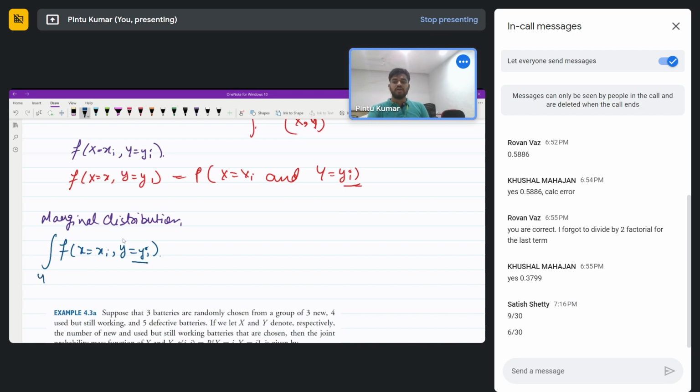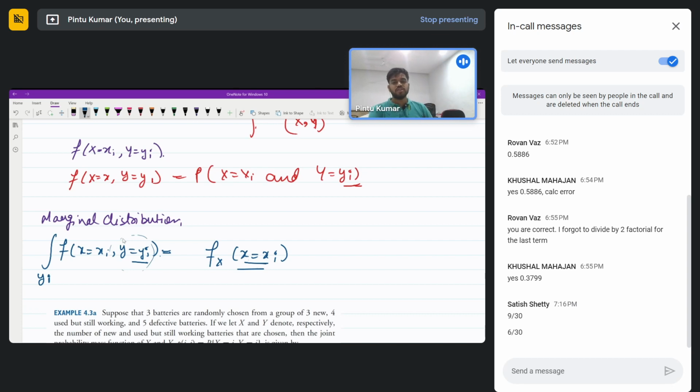Let's say I take its sum over all Yi's. What do I obtain? I obtain X is equal to Xi. So I now get a distribution in just one variable, which is the probability that X is equal to Xi, because I summed over all the Yi combinations.